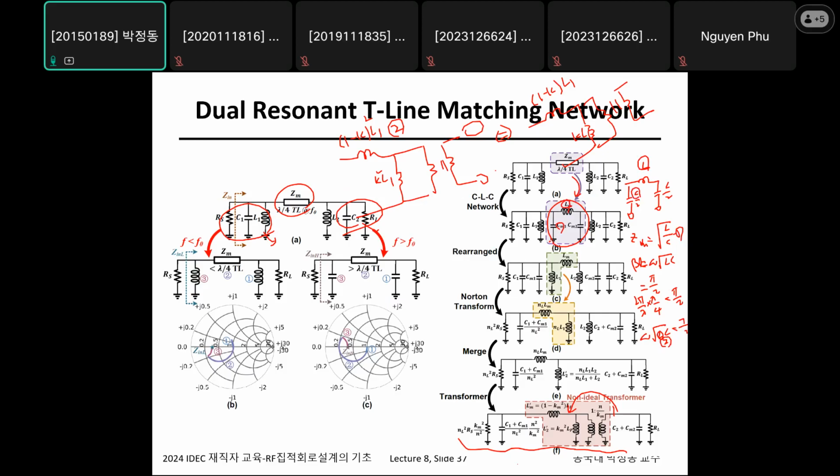Here CM1 is just a half of C. Then you just use the Norton transformation like this, LM, and convert it, and just use the L and L factor, as we've seen right before. Here, this n is actually square root of n.